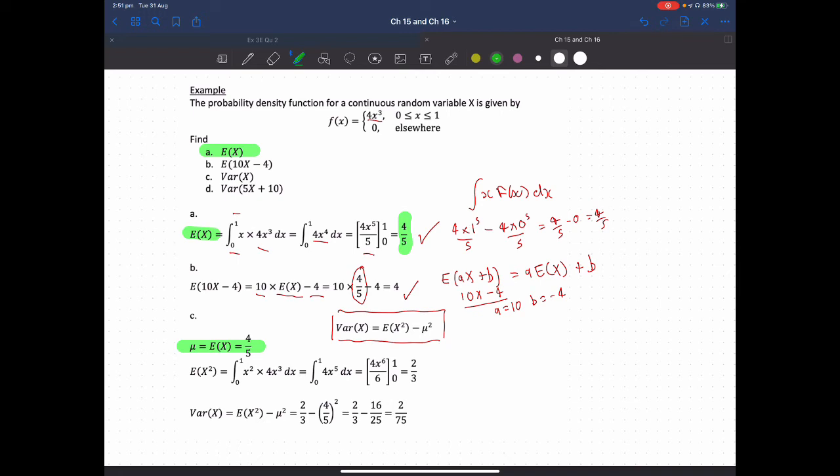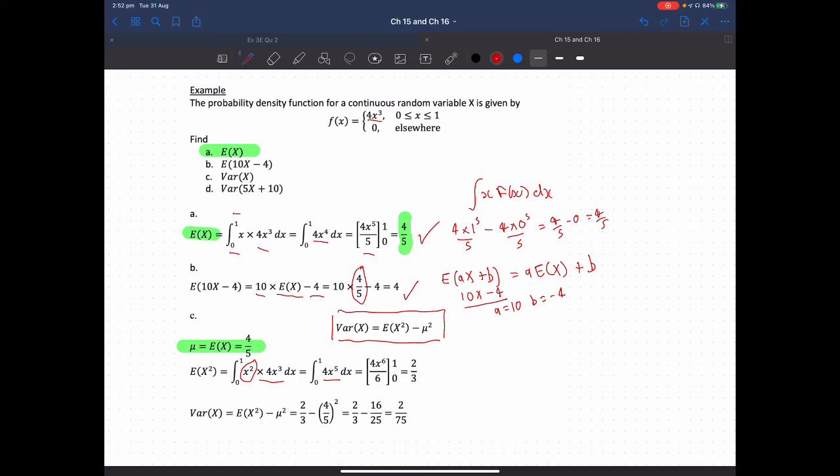Based on what you've done in maths methods, the expected value of x squared is x squared times 4x cubed, that is f(x). So x squared times 4x cubed is 4x to the 5.